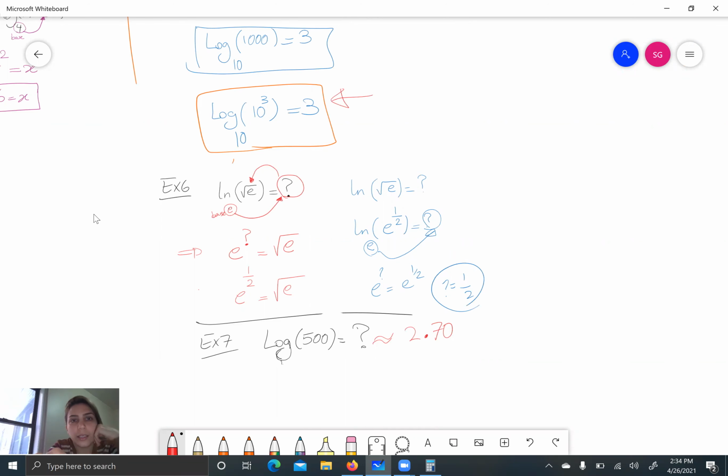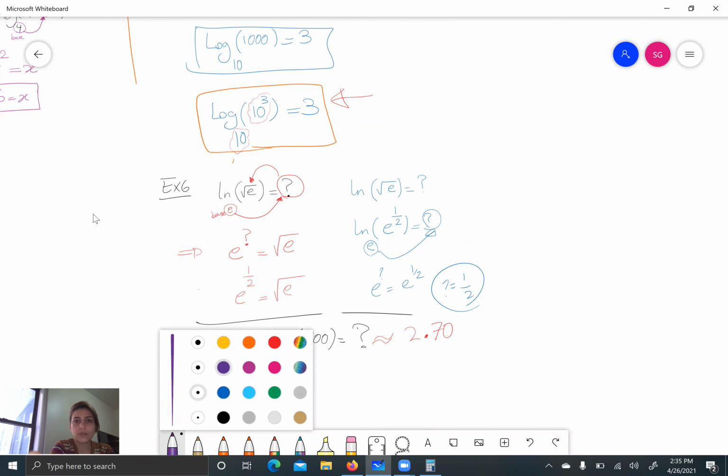I see that the input for my logarithmic function is 10 to the power, right? And the base is also 10. So I have a base for the logarithmic function, which is 10, and the input value is also exponential and has the same base. You see what I'm saying?